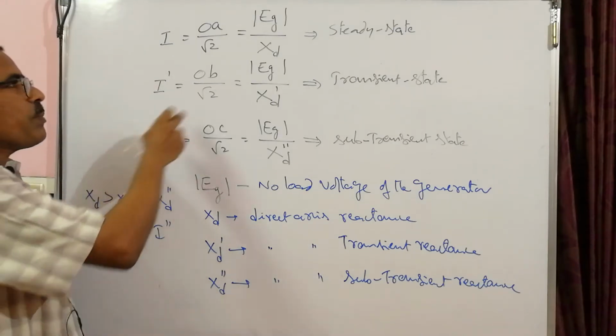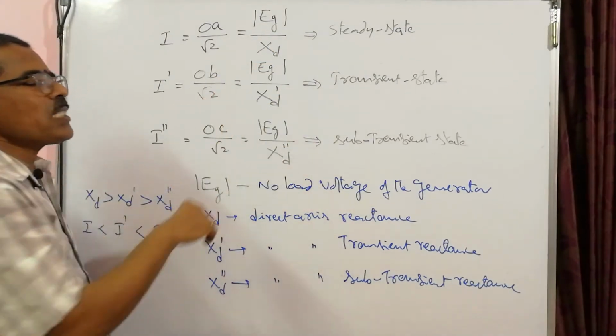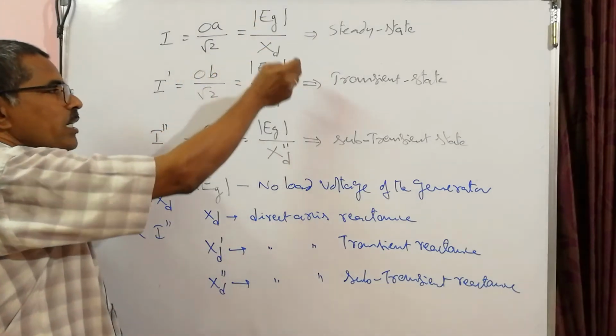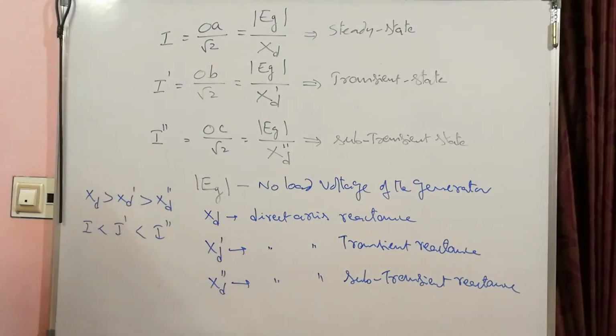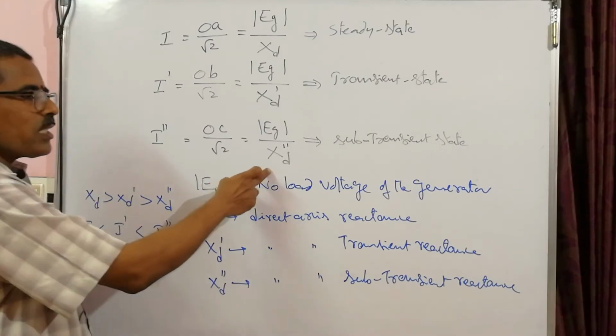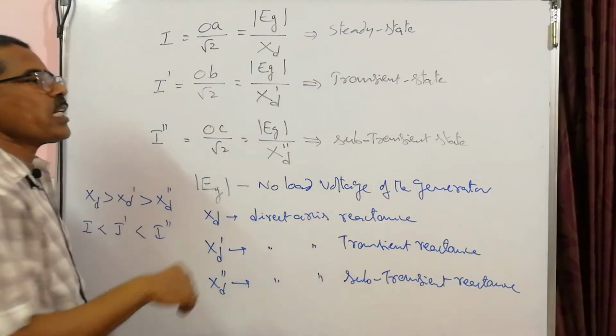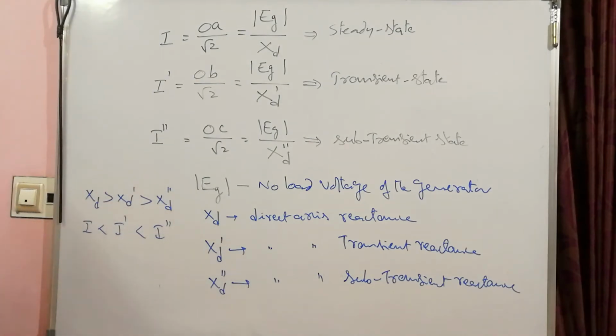These three currents are limited by the respective reactances offered by the machine: direct axis subtransient reactance, that is Xd double dash, transient reactance, Xd dash, and steady state reactance, Xd.